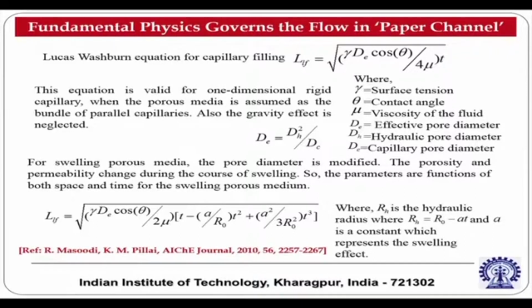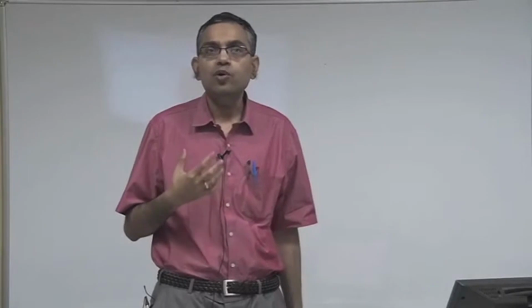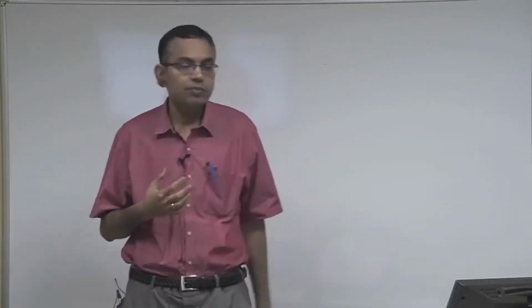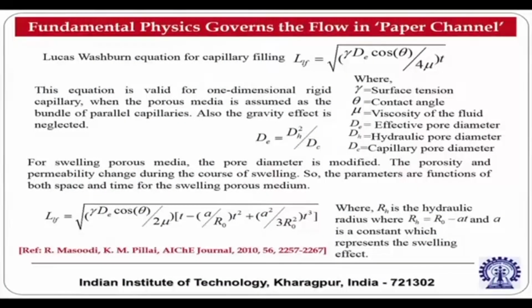For a swelling porous medium, the pore diameter is modified, and the porosity and the permeability change during the course of swelling. So the parameters are functions of both space and time, and for that the capillary filling length as a function of time is given by this formula.